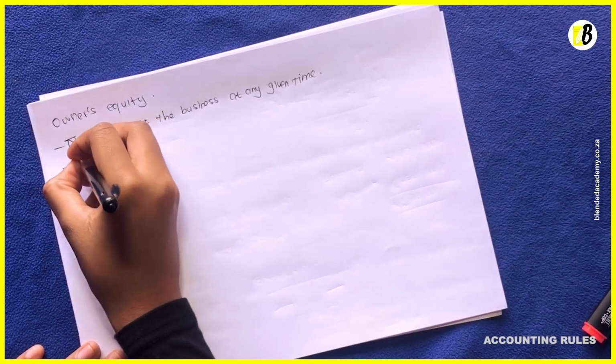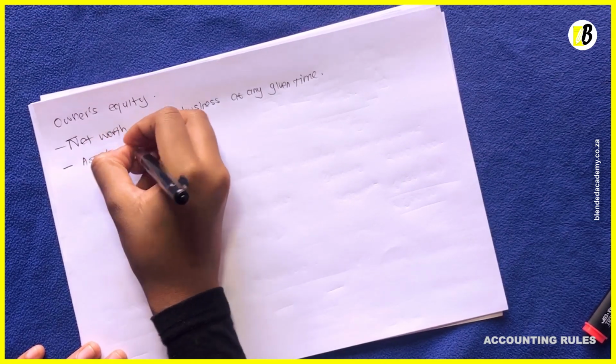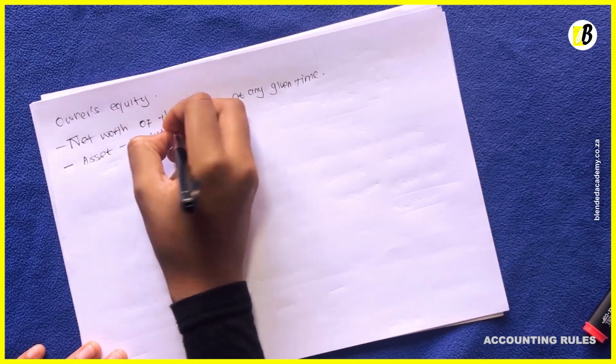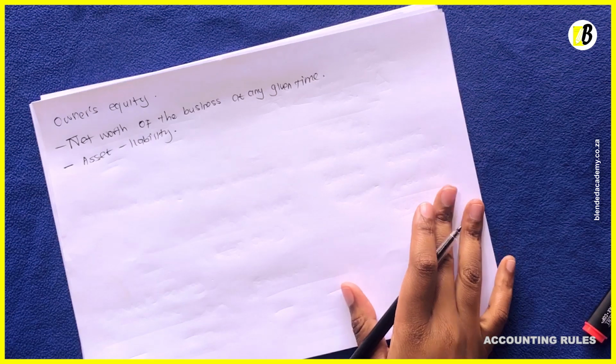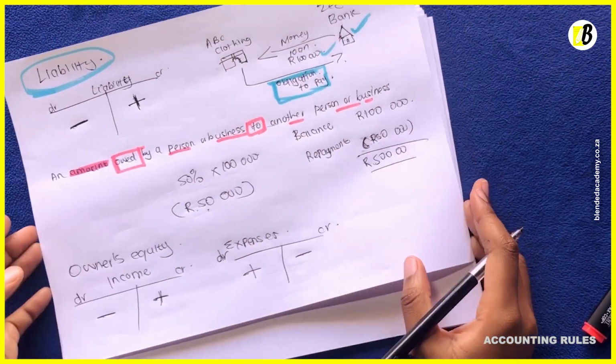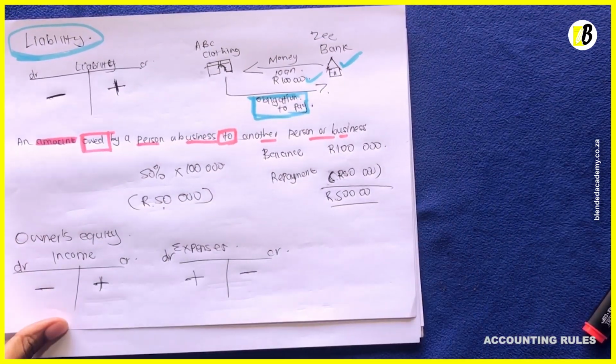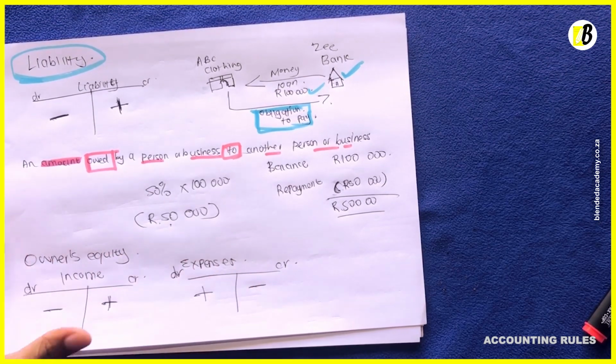Or our owner's equity is our assets minus our liabilities. Now let's go back to our income and expenses. Our income and expenses make up the owner's equity.